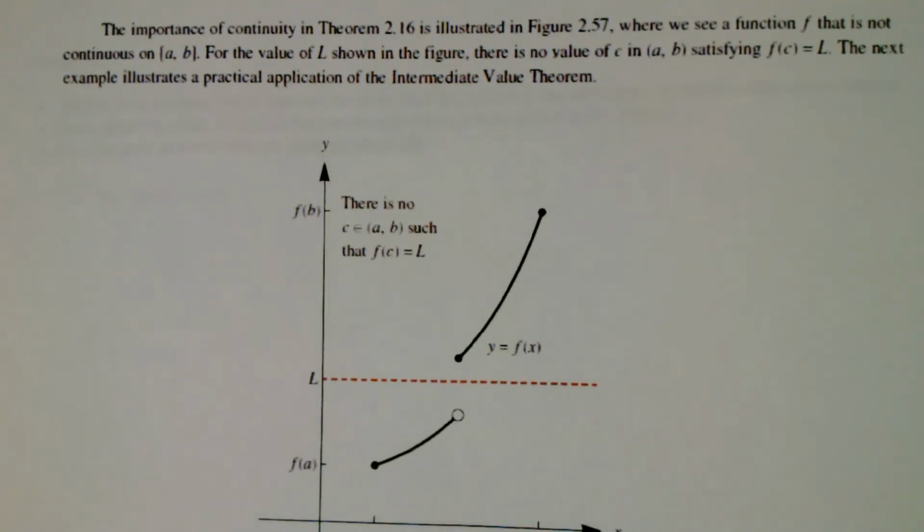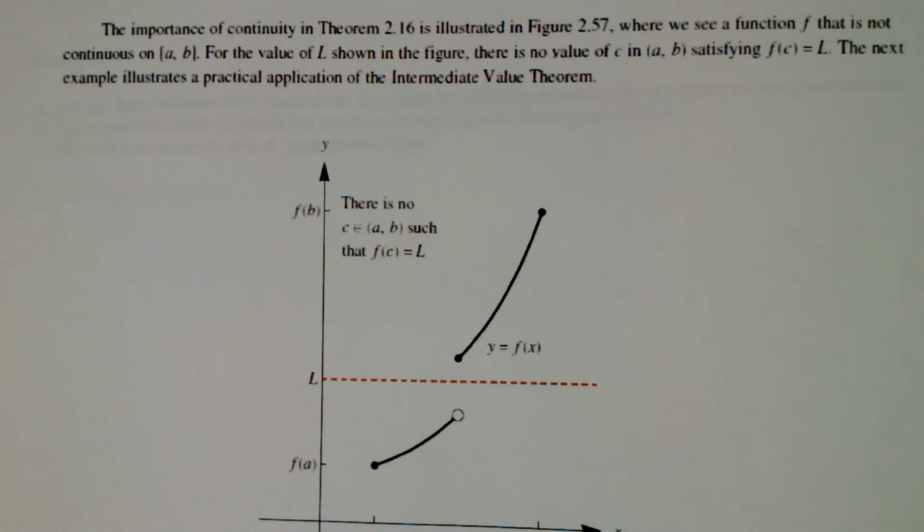Now, the importance of continuity in Theorem 2.16, which was talked about on one of the previous pages, is illustrated down here in this figure, where we see a function f that is not continuous on the closed interval [a, b] for the value of L shown in the figure.